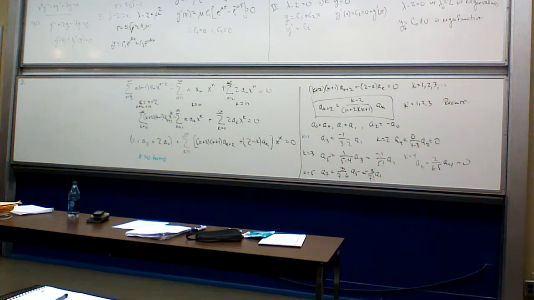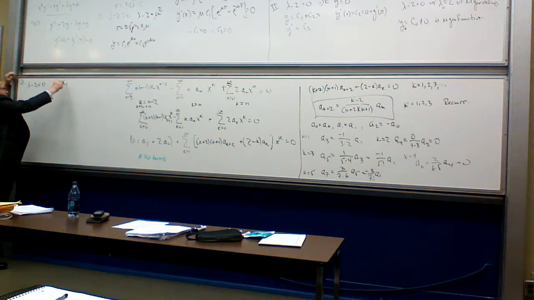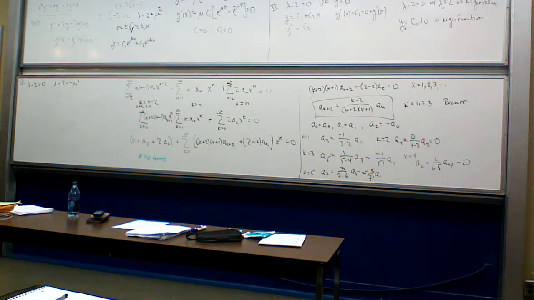So the third case, I've looked at positive and 0, so the third case is lambda minus 2 negative. I normally write lambda minus 2 equal negative mu squared. I know Professor Levine likes to use beta, but we are each old enough to have fallen into habits.